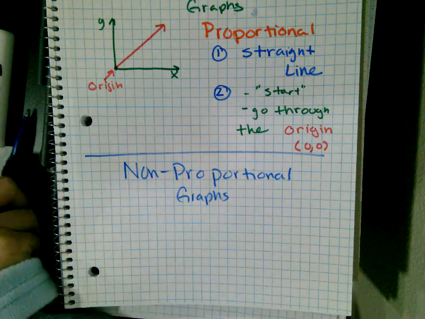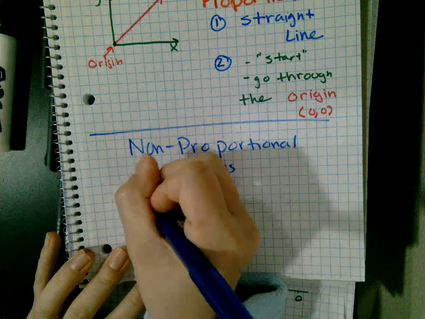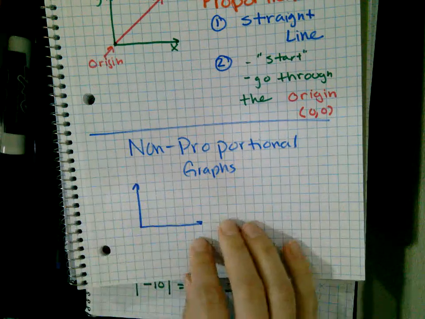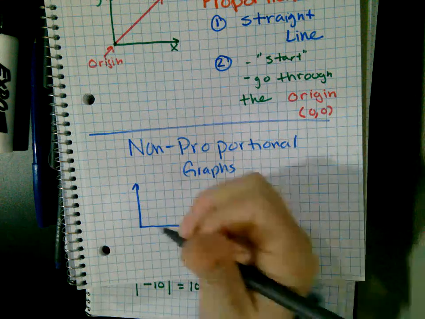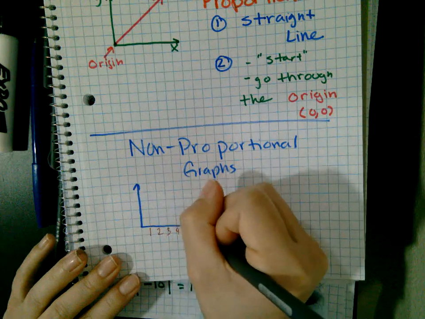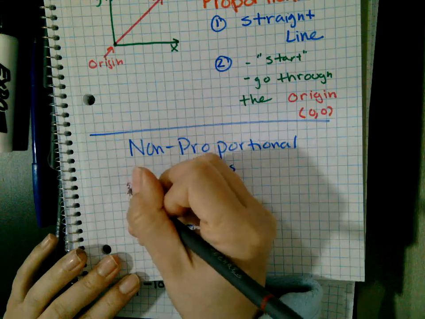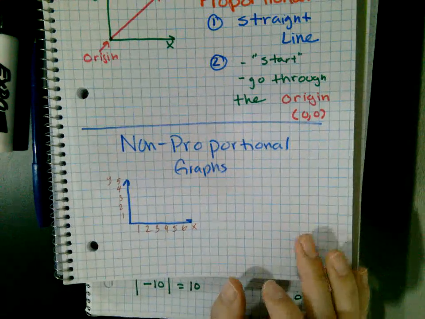All right, so we're going to do some non-proportional graphs. So I'm just going to do a basic graph, coordinate plane. 1, 2, 3, 4, 5, 6. 1, 2, 3, 4, 5. Just real basic. Just going up by ones and ones, okay? Real basic graph.